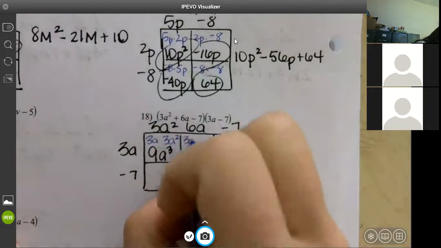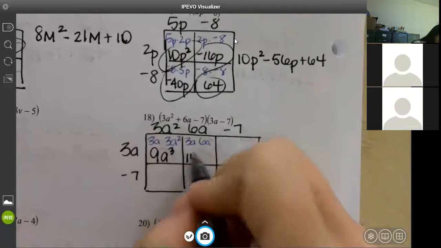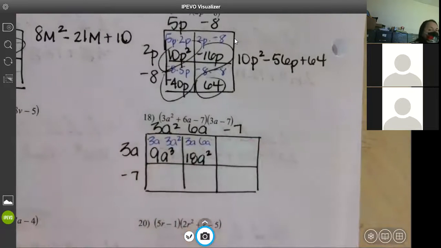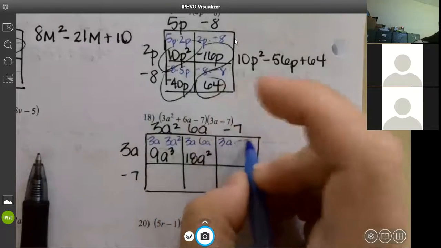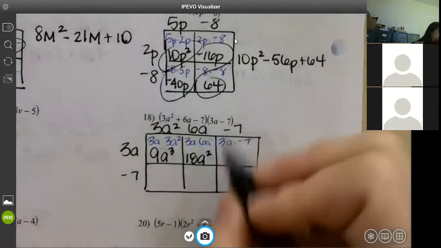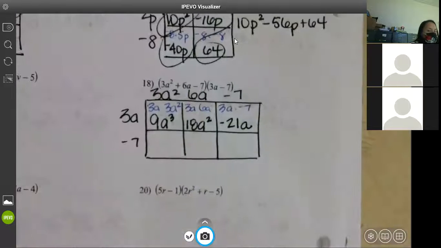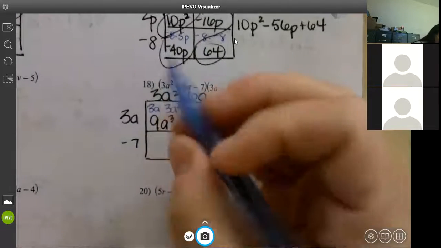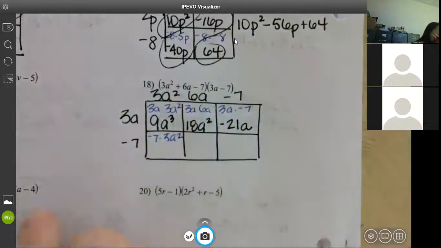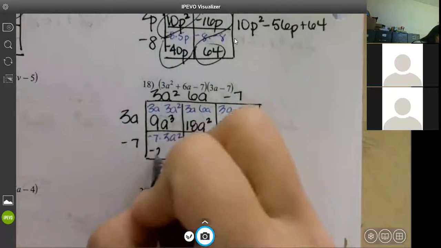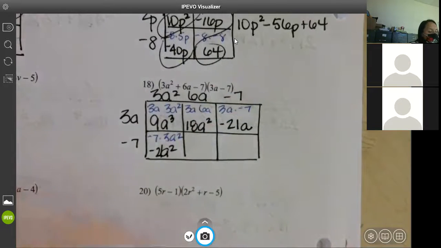We have 3a times 6a. 6 times 3 is 18, and there's 2 a's in the box. 3a times -7. 3 times -7 is -21, but there's only 1 a in the box. -7 times 3a squared. -7 times 3 is -21, and there's 2 a's. That's -21a squared.